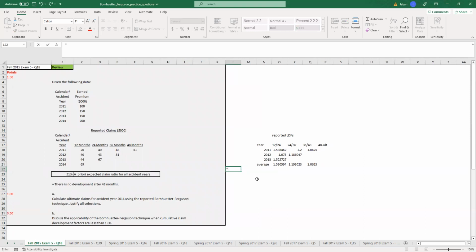So here it looks like the total factor is much different.